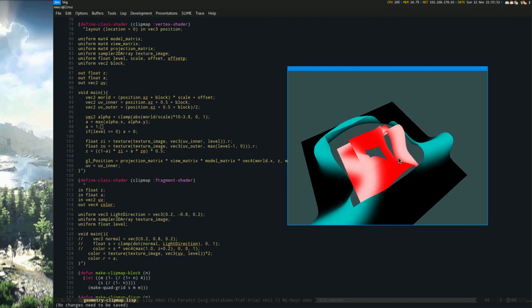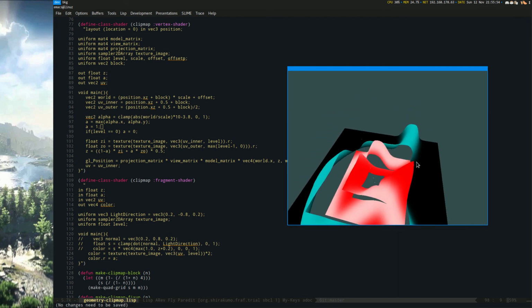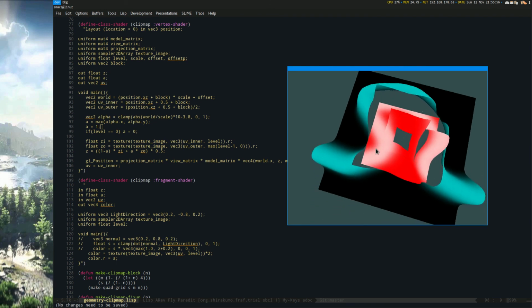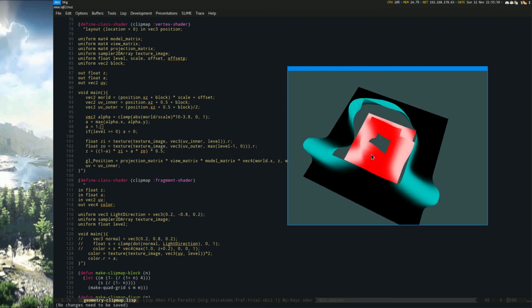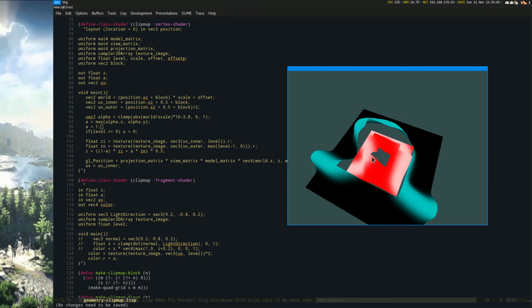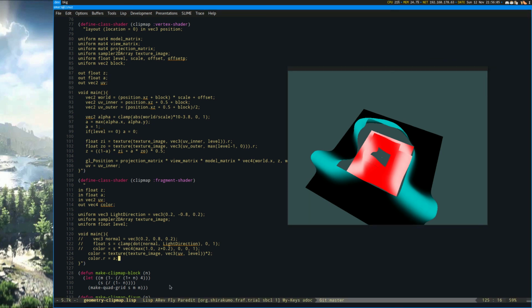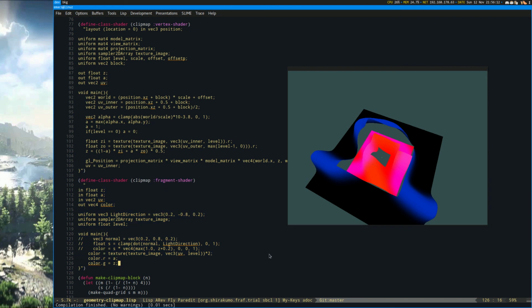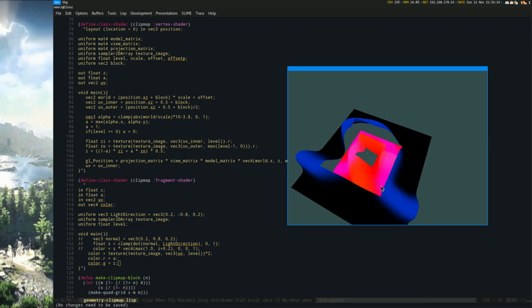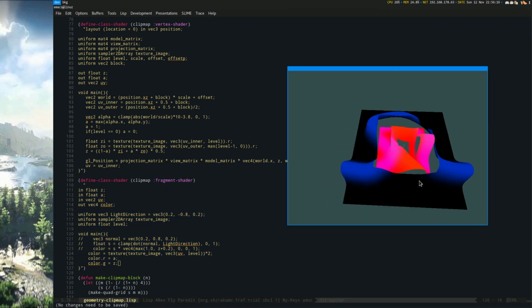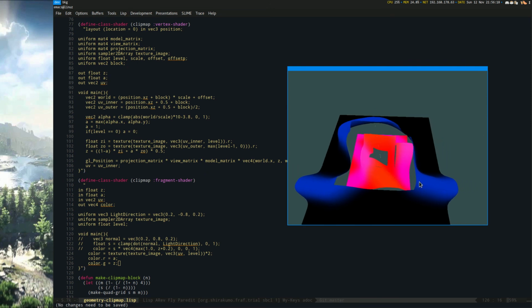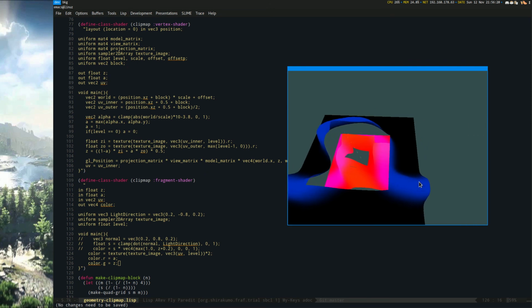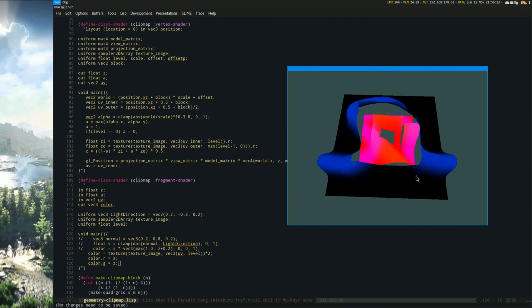It's almost like it's mirrored. That is very interesting. Very interesting indeed. So let me do this. Wait, why is it not green here?